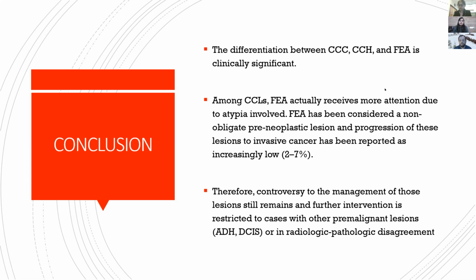Although it has been reported to go towards carcinoma, among the three, flat epithelial atypia requires more attention. Therefore, controversy about the management of these lesions still remains, and further intervention is restricted to cases with other pre-malignant lesions or in radiological-pathological disagreement. Next slide, please.